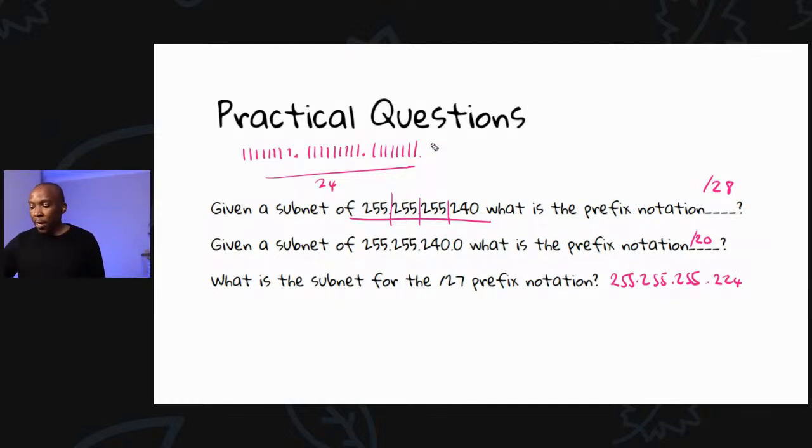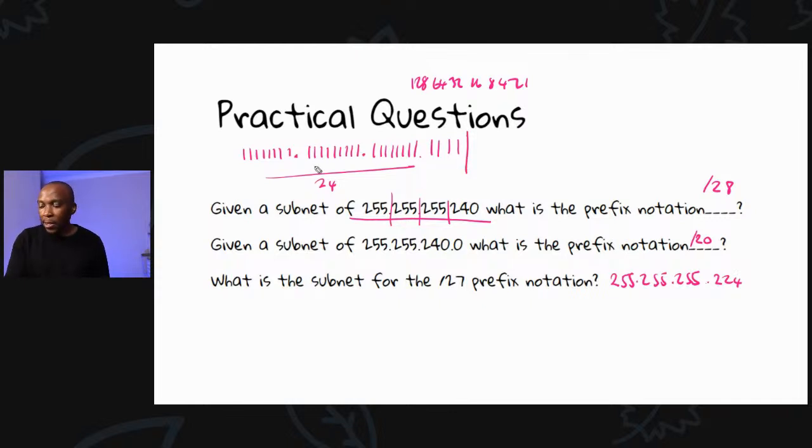240 is 128 plus 64, because wherever we've got a 1, we have to add. So 128 plus 64 is 192, plus 32 is 224, plus 16 is 240. Remember, 128, 64, 32, 16, 8, 4, 2, 1. So our ones stop here.